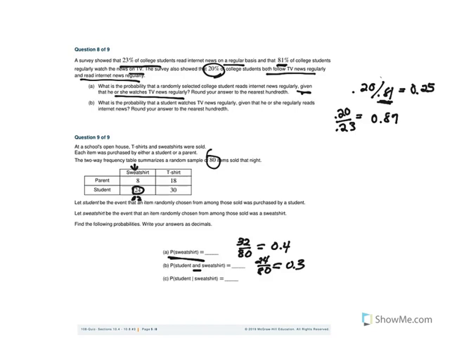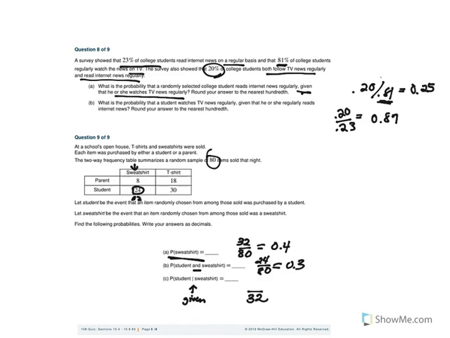Then for our last one, part C is a conditional probability. You want to make sure you remember that this straight line here represents the word given. So what is the probability that a student is selected given they purchased a sweatshirt? So remember, whatever comes after the given is your denominator. So how many sweatshirts were sold? 32.